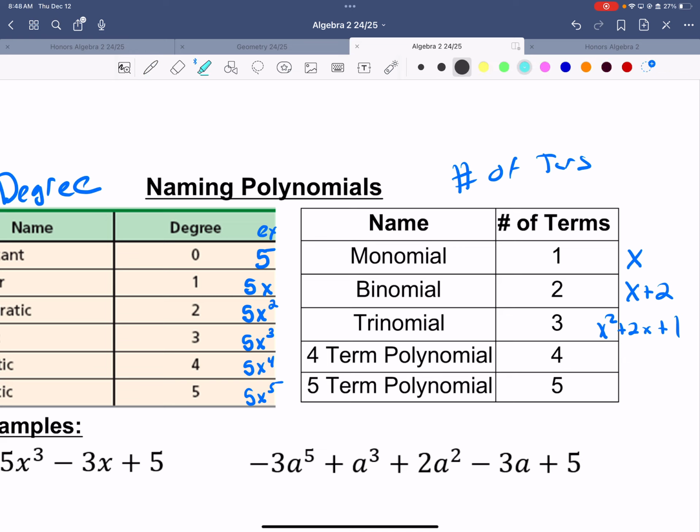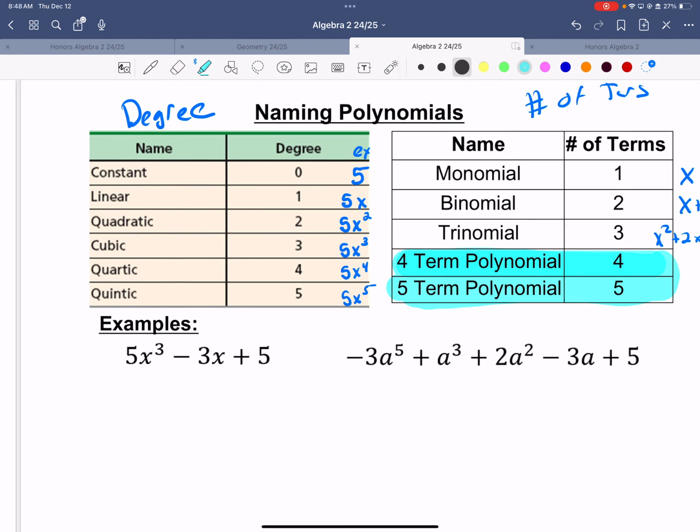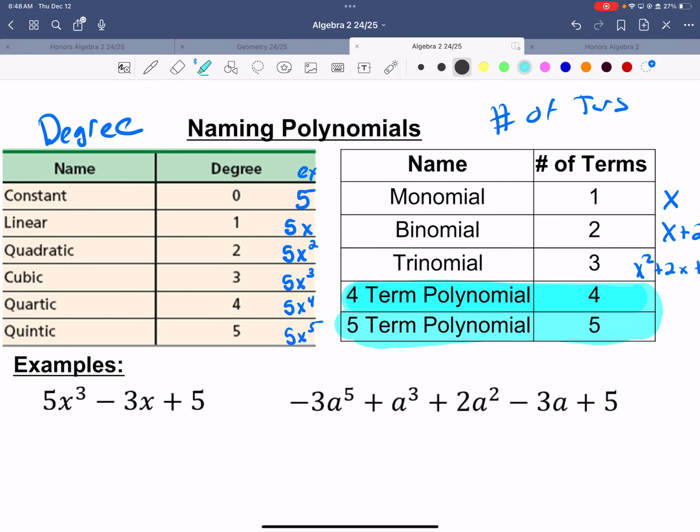And that's going to be consistent throughout. No matter how many it has over 4, we don't care. We just say it's that number of terms polynomial. So for example, I'll give you a couple more seconds to write that down.